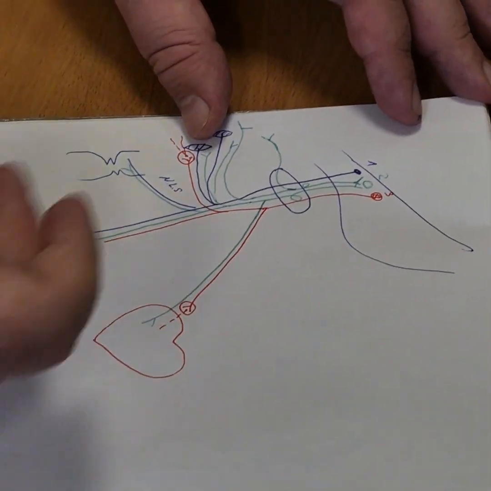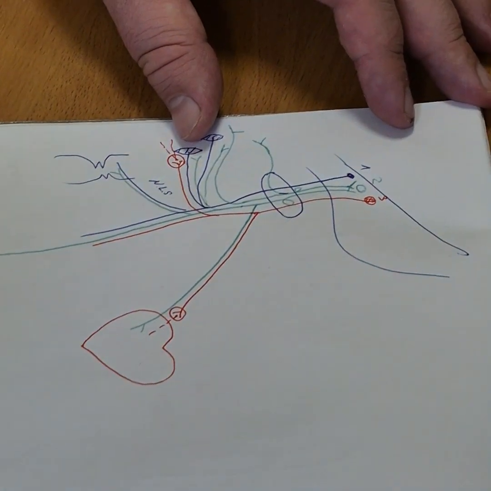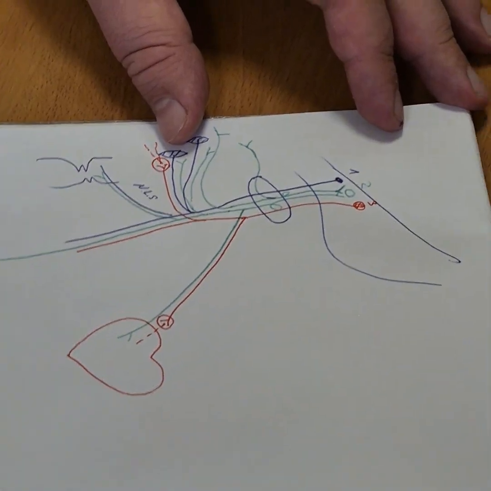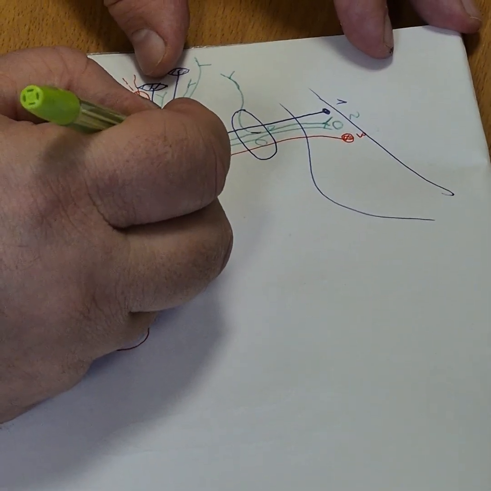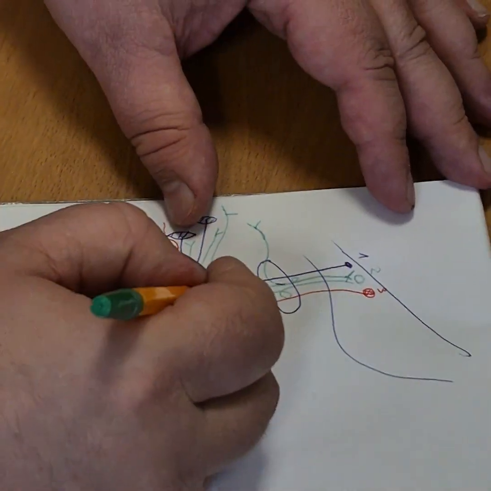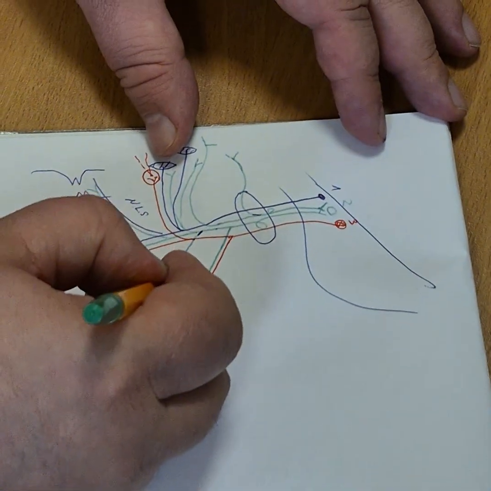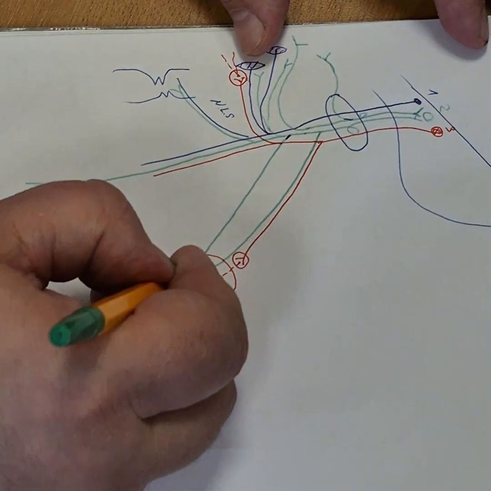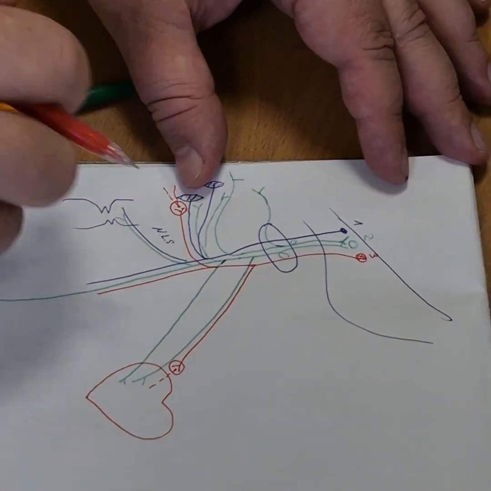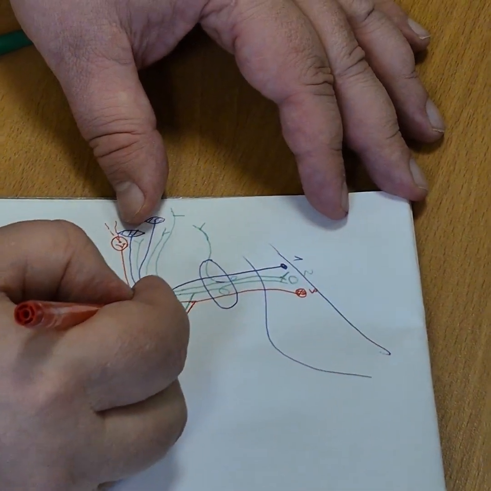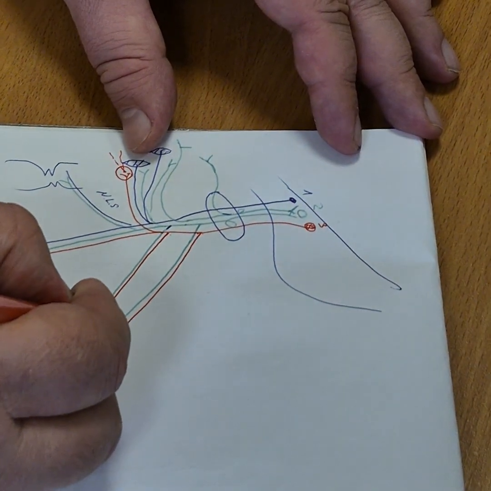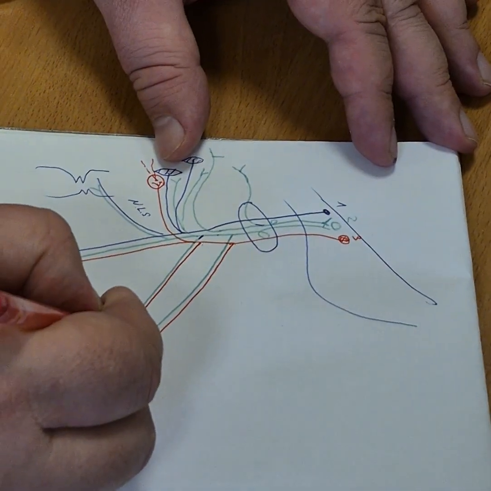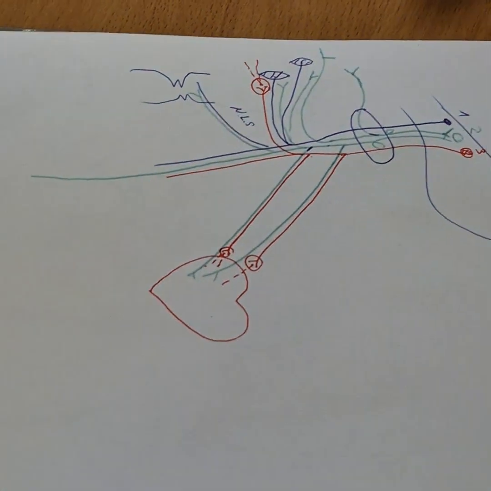Then, if you have superior cervical, there should be inferior cervical, the same. Ramus cardiacus cervicalis inferior. Superior and inferior cervical cardiac nerves, branches, rami cardiaci.